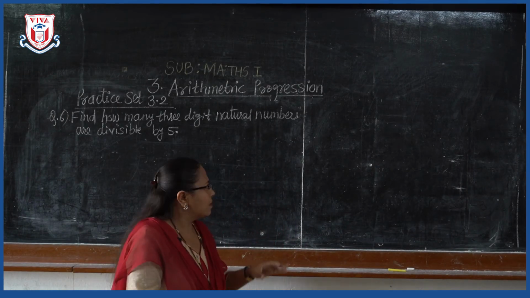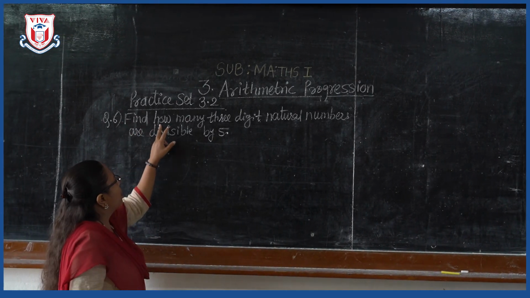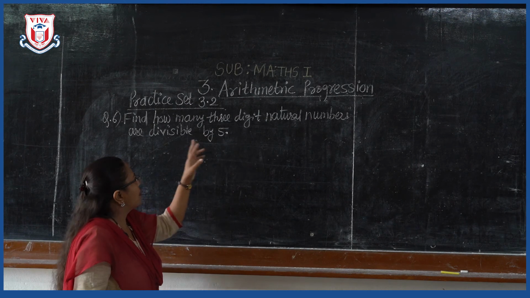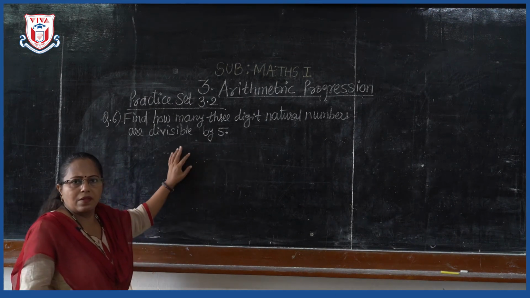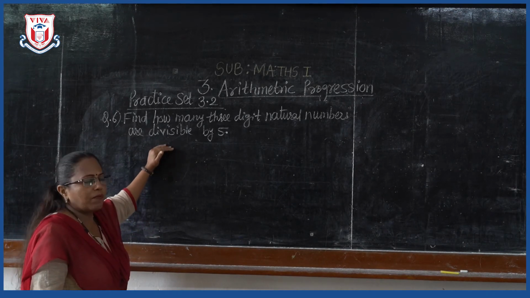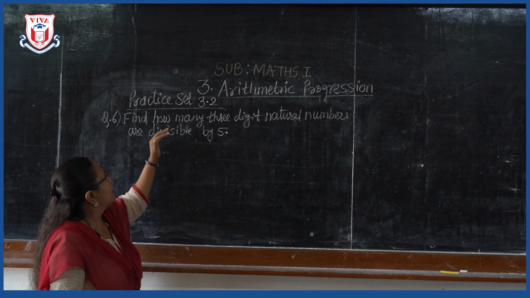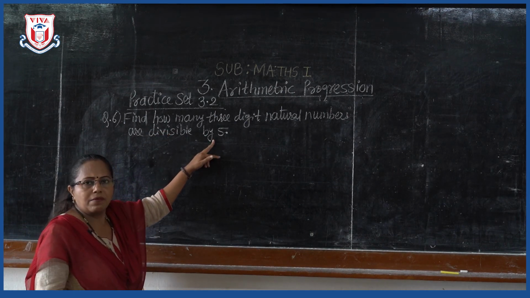Now question number 6. Find how many 3-digit natural numbers are divisible by 5. Now here the AP is not given, but instead of the AP the question is given. There are 3-digit natural numbers which are divisible by 5.